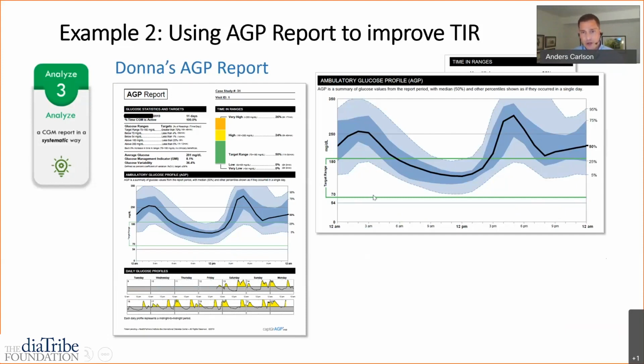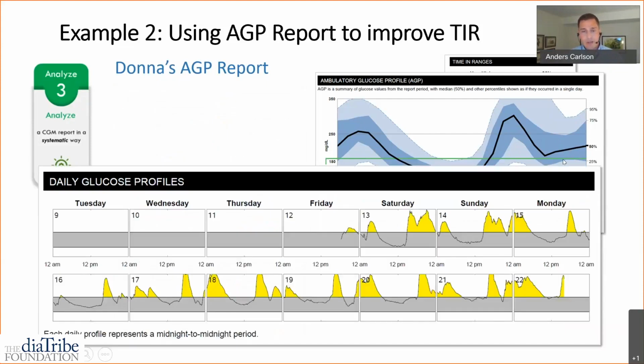And you'll notice no time in hypo range and pretty low variability during the daytime, but much more variability going into the evening and overnight hours. With the dailies, we can walk through what kind of patterns she sees.